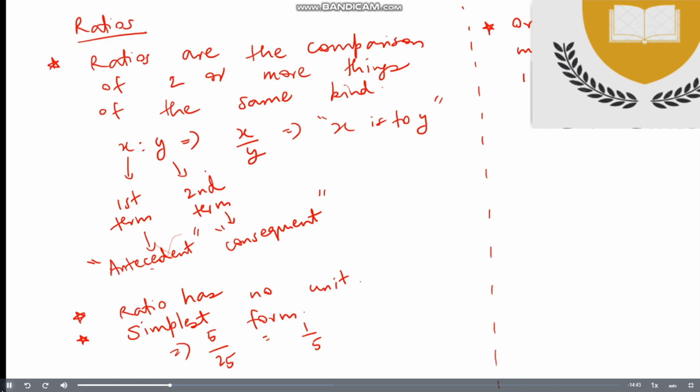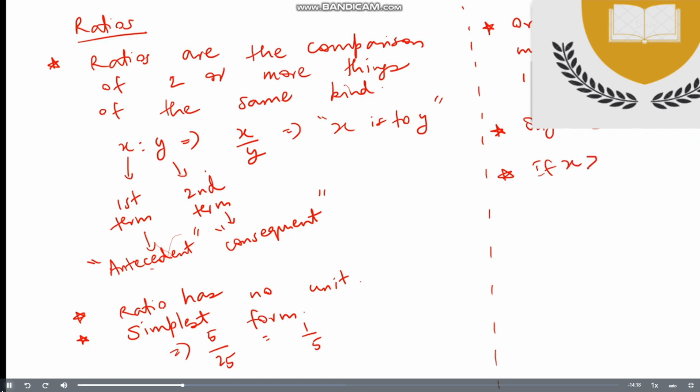So you need to maintain the same order which is given in the question or in the paper. And the quantities must be of the same kind. I cannot compare apples to oranges.